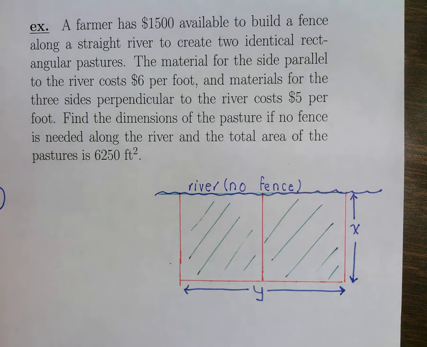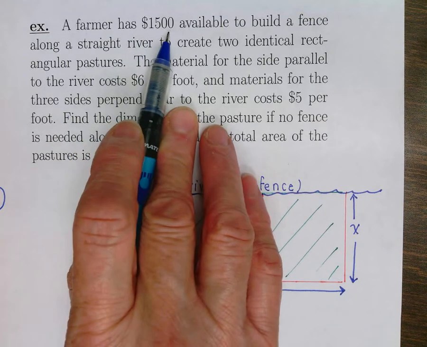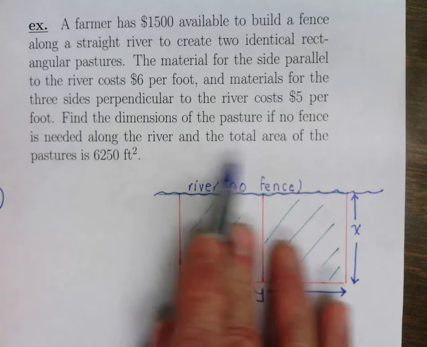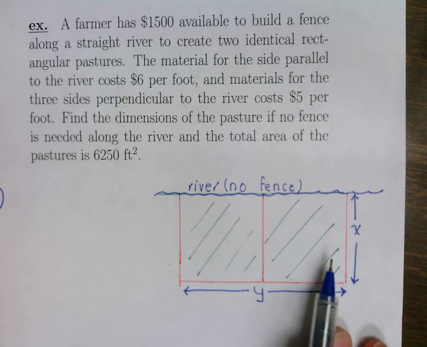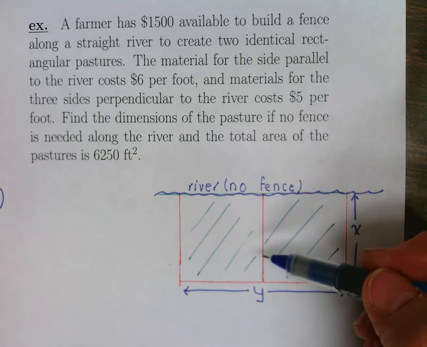I go back to the body of the problem and see that there are two things that we know. One is the amount of money that he has to build the fence, and the other is the area of the total pastures. That would be assuming that the fence in the middle is negligible to the area.